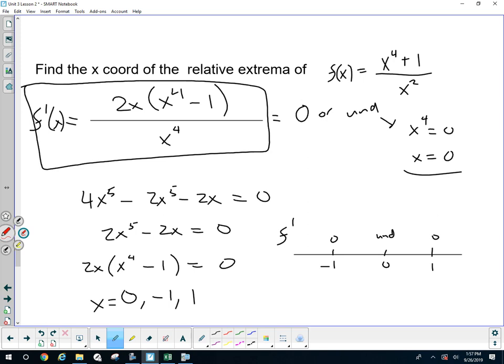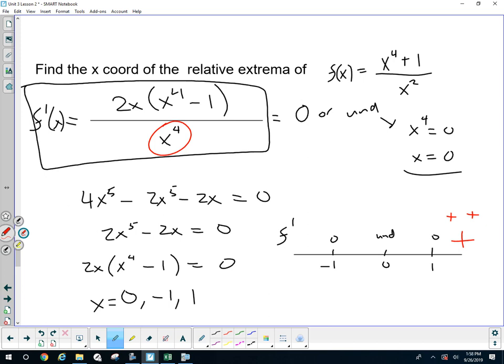Now, I could factor this more, but I find that it'd be more complicated than just plugging in values into these. So like if I plug in 2, 2 times 2, positive, 2 to the fourth minus 1, positive, over, I already noticed that x to the fourth in my denominator, that's positive. Denominator is always positive, so positive here.